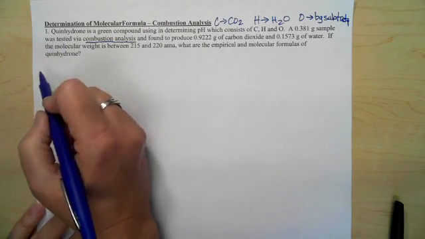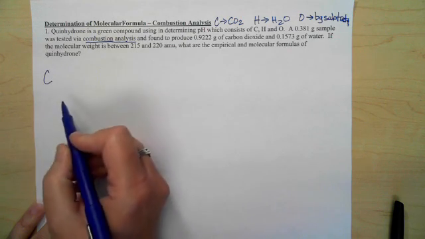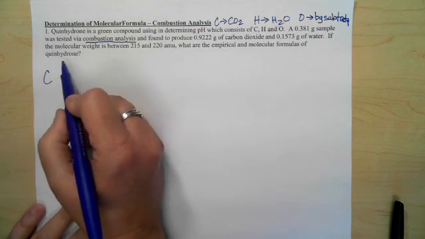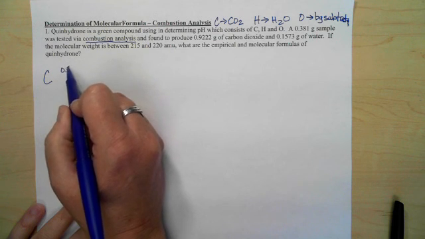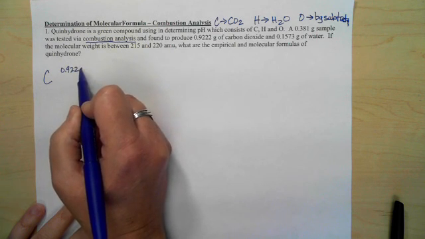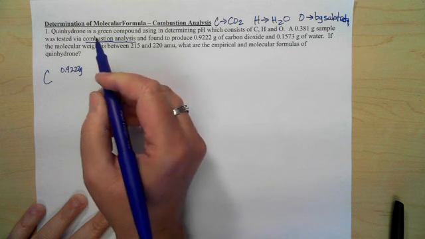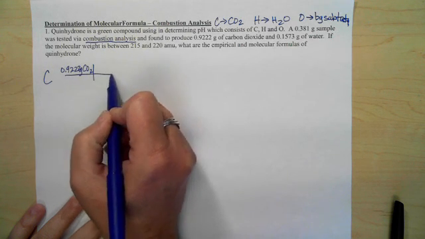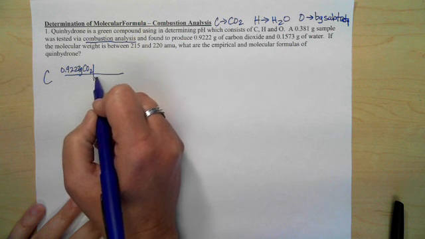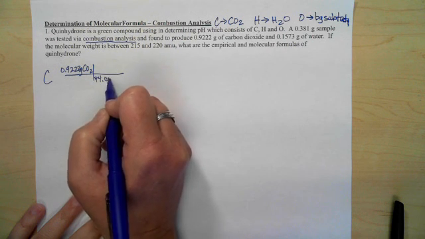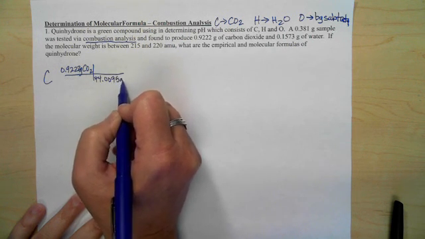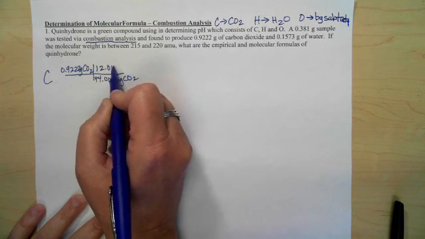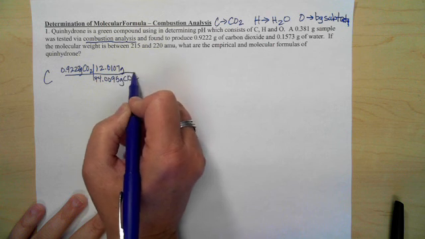So as we line this up, I'm going to run carbon. So we'll start there. We're going to start with 0.922 grams of CO2. And we know that for every 44.0095 grams of CO2, we have 12.0107 grams of carbon.